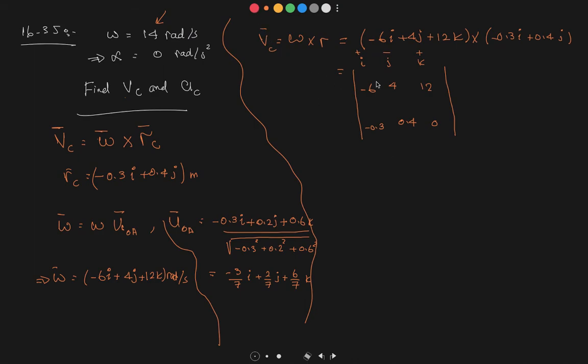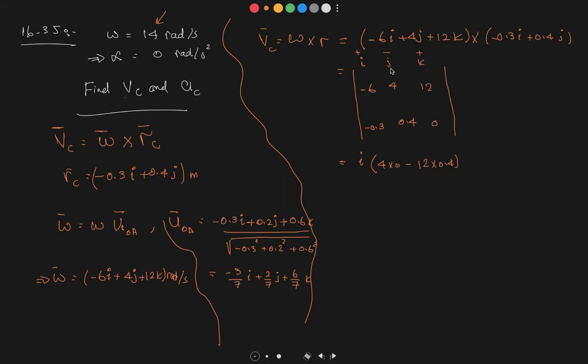So as you remember, guys, we start with the i, we cross this column and this row, and we work with these 4. So this is equal to i, so we cross these out, 4 multiplied by 0 minus 12 multiplied by 0.4.